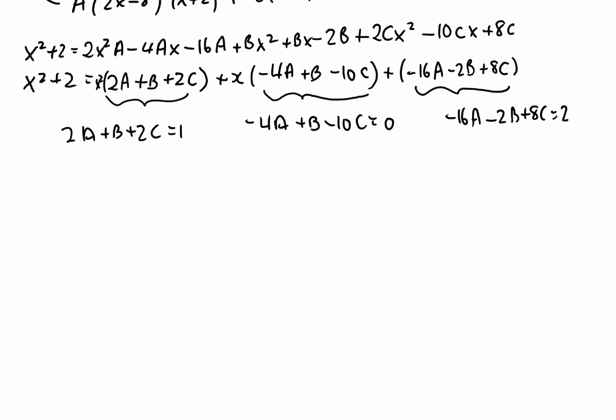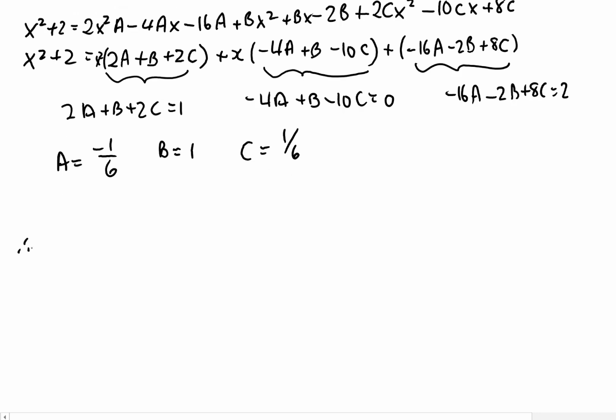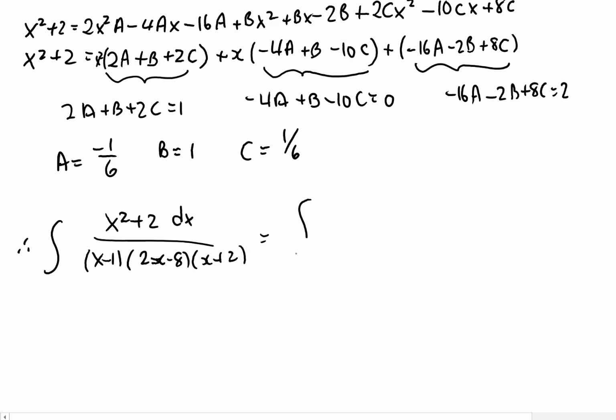Solving this system will give you a equals negative 1/6, b equals 1, and c equals 1/6, and thus allowing you to write out your partial fractions where the original rational equation, 2x minus 8 over x plus 2, can be put into 3 parts.